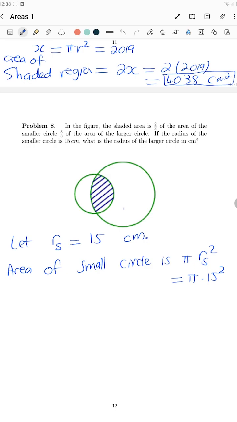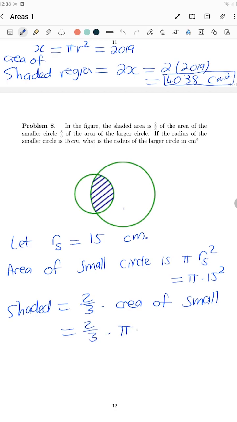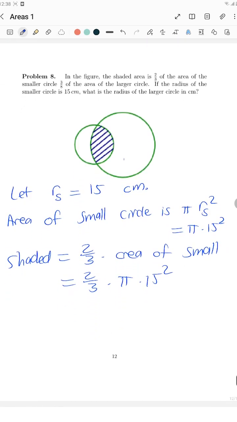Great. And now they tell us the shaded area is 2/3 of the area of the smallest circle. So shaded will therefore be 2/3 times the area of the small circle. So that will be 2/3 times pi times 15 squared. I'm not going to simplify that for now.